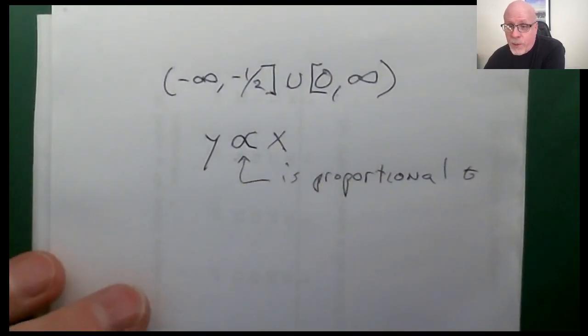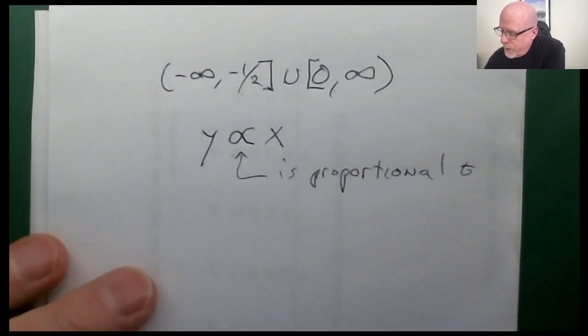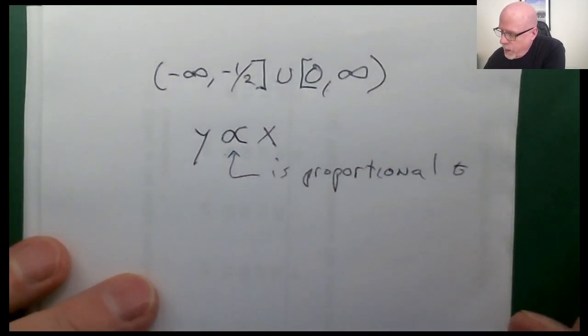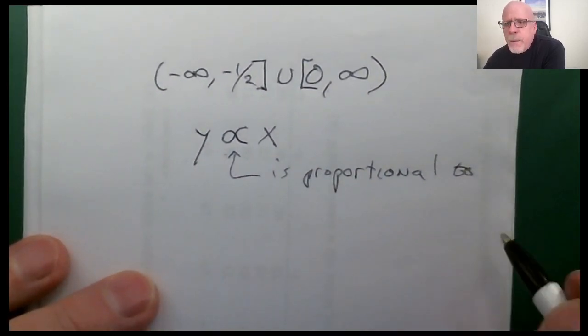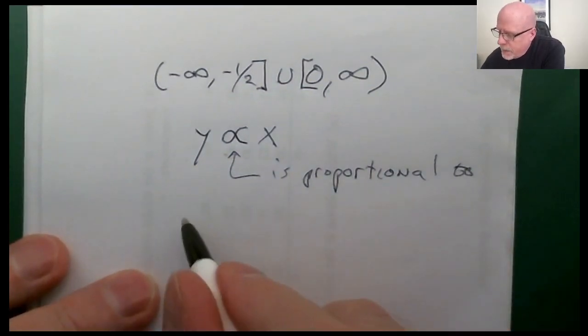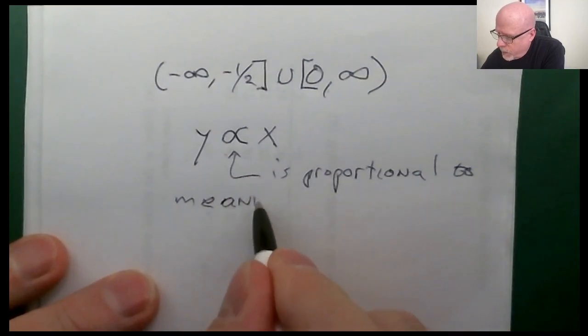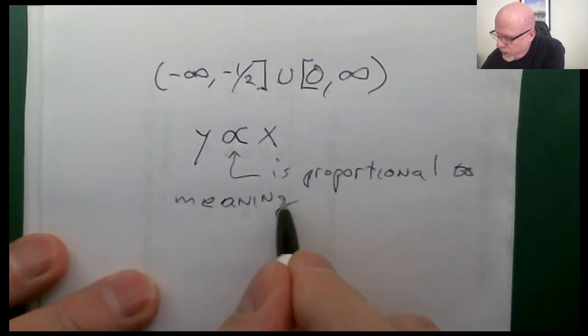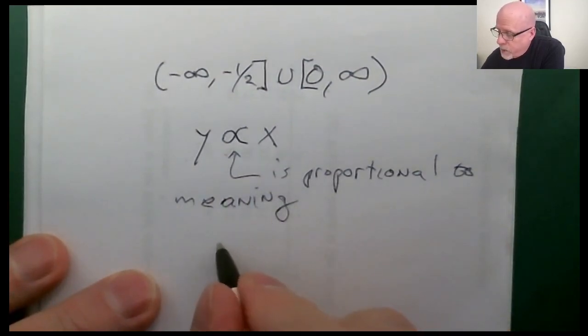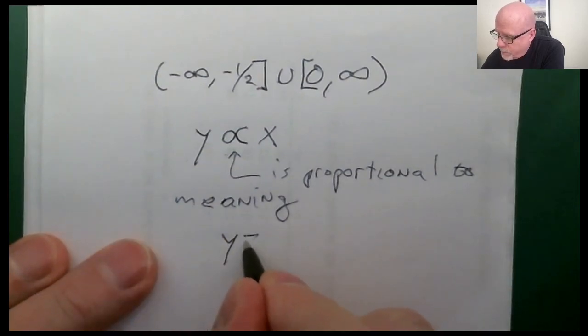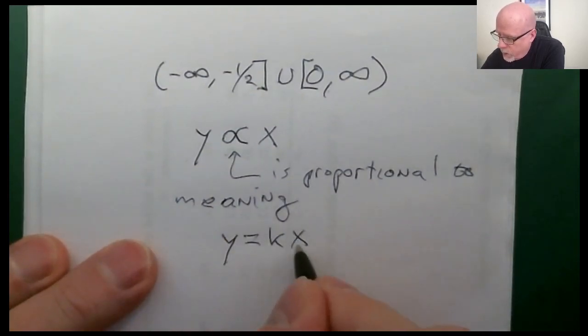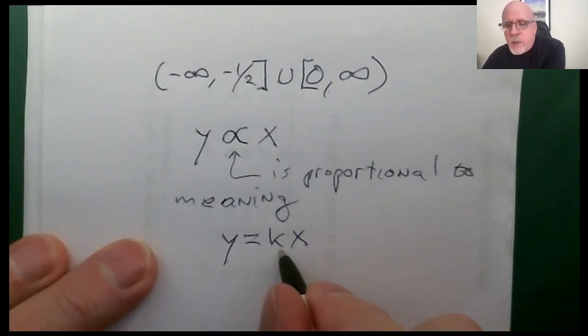That's how you read that little piece of notation. And it means just what it said in the book there, that if you want to figure out y from x, you can just multiply by some constant times x. Y is a constant times x. This is the constant of proportionality.